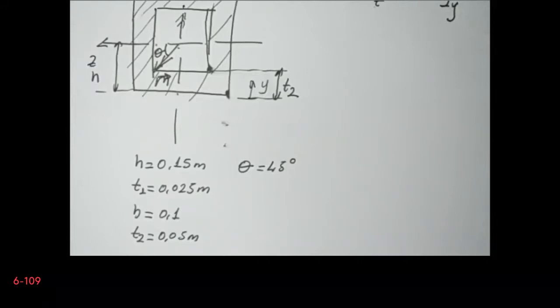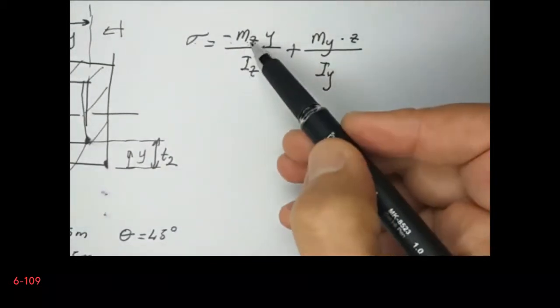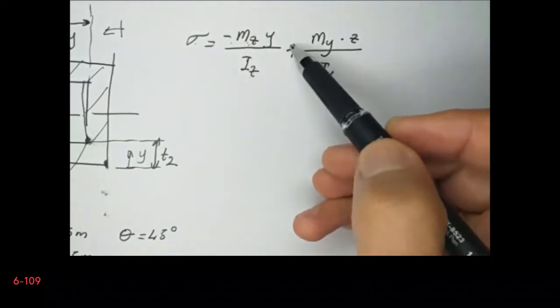Now let's calculate first. We need to calculate the moments My and Mz, because moment is a vectorial quantity, and Iz and Iy.